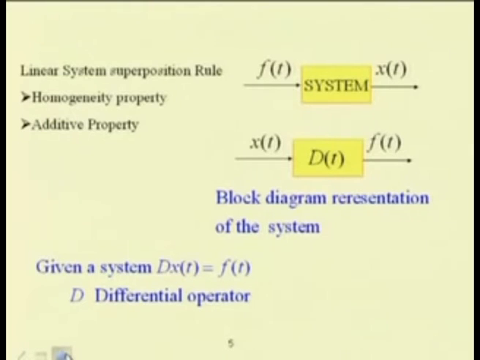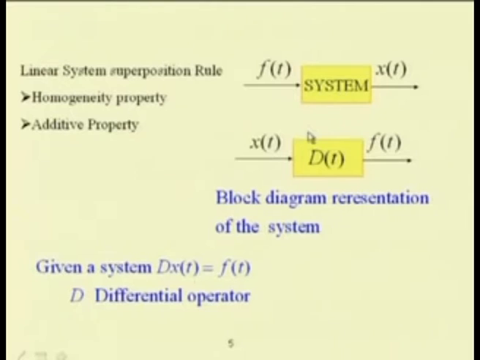If we have a system, given an input force f(t), its output is x(t). In case of the homogeneity rule, if I apply a force of alpha f(t), the response would be alpha x(t). Similarly, in case of the additive rule, if I apply two inputs, f1 and f2, the outputs would be x1 and x2.